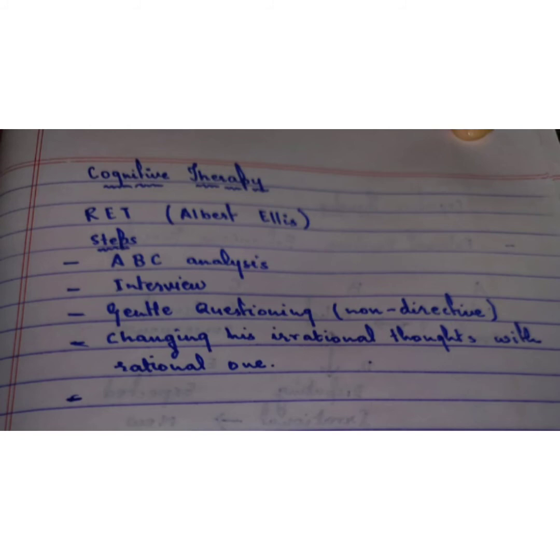Next, through interview, through gentle, non-directive questioning, the person gets aware of all these irrational beliefs which he has, and in the last step we try to change these irrational beliefs into rational ones. So this is in short RET.